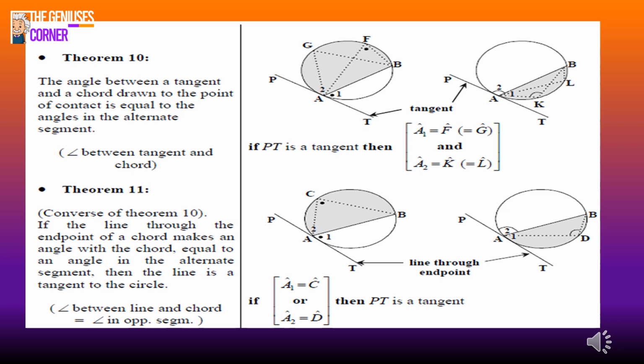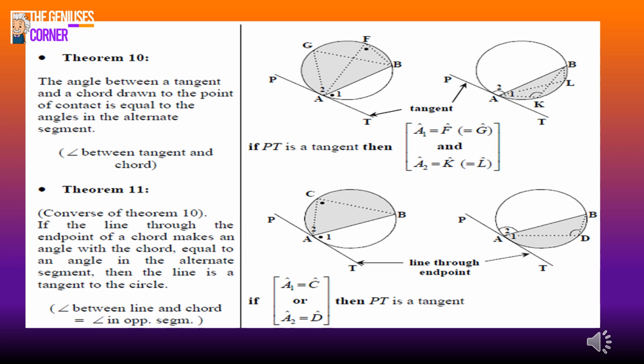Now, if we look at the two bottom circles, looking at the first one, which is on your left, there's also a tangent which is PT, and there's also a chord which is AB. Angle A1 is the angle between the tangent and the chord AB.